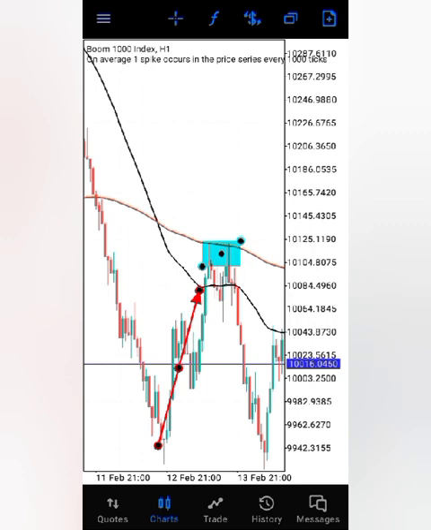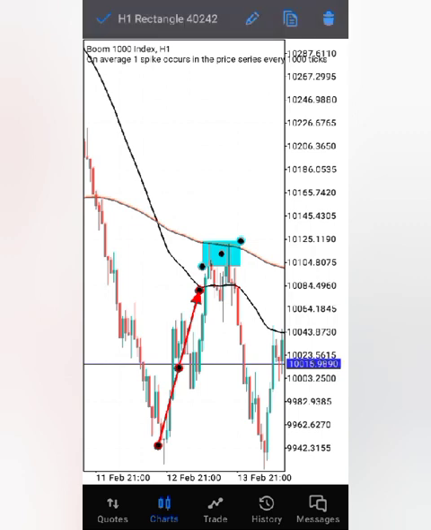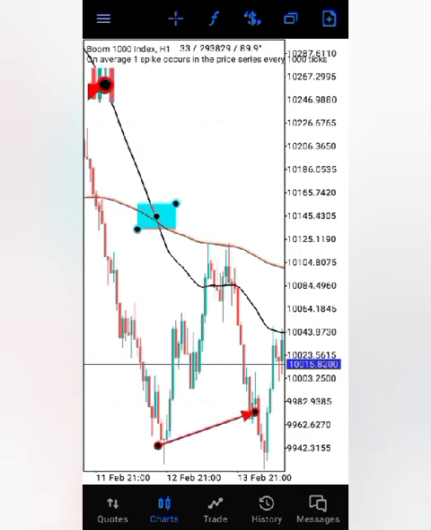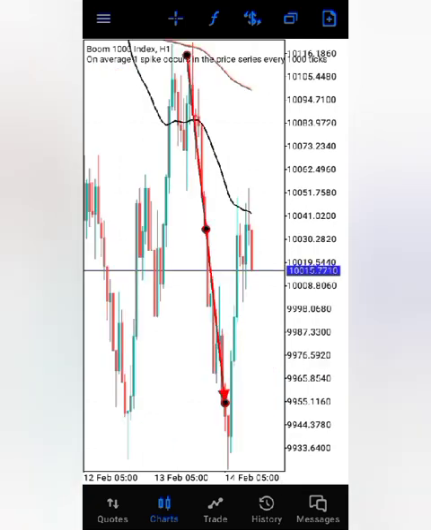You see that it tested the 200 and there were some rejections there. Candles were rejected. All right. Now, with these rejections here, that indicates that the market is taking the direction down. So you see, from this point of rejection, the market sold down.